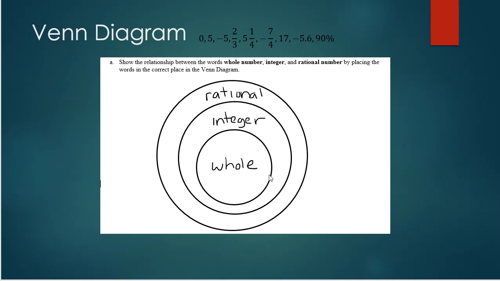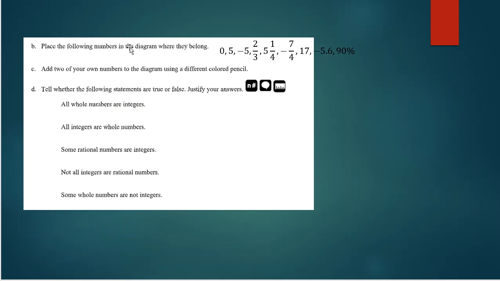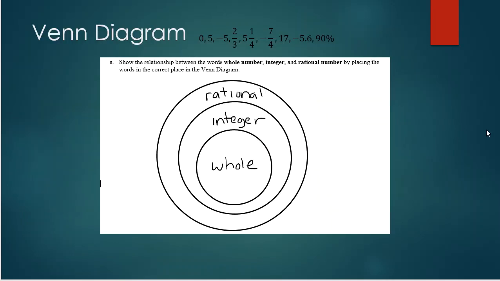Okay? Now, on part B of your assignment, it said to place the following numbers in the diagram where they belong. Okay, so let's go ahead and do that. If we look at this diagram here, and we want to place 0 where it belongs.